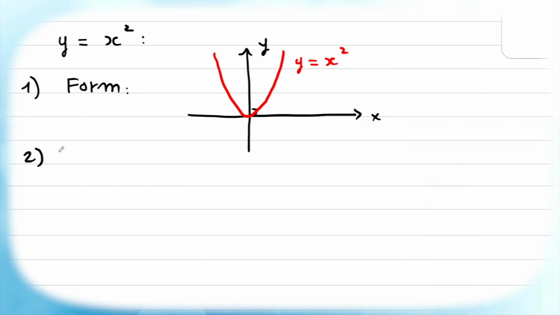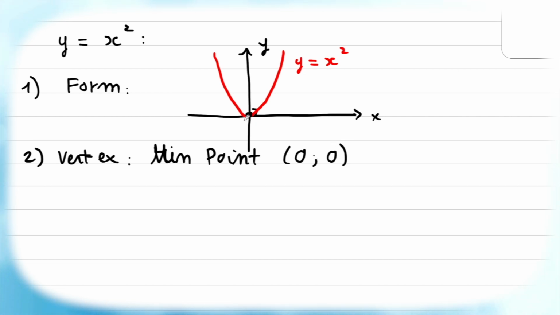Second, we have the vertex of this one. About this form, we will have a min point because the lowest point will be this position. We call this vertex the min point, and the coordinate of this point will be (0, 0). It means the origin point.